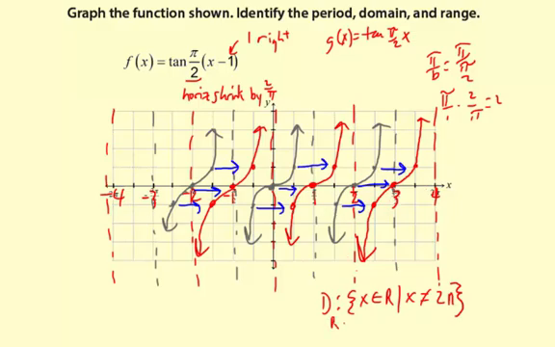And the range, since it's a tangent function, is simply y is an element of the set of real numbers. And finally, the period of the function we already said is 2. So I'm just going to write that down here. Period is 2.